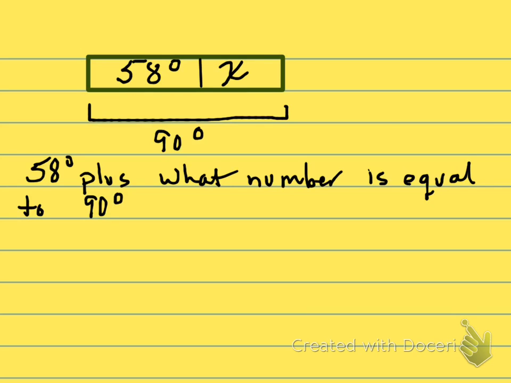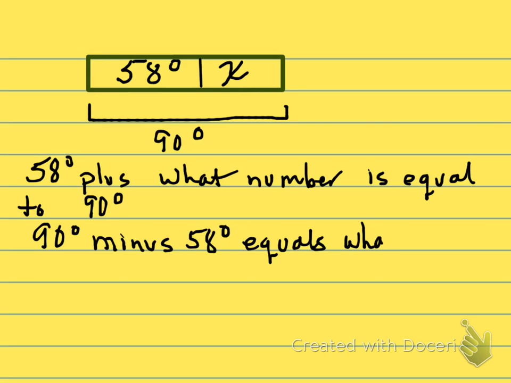Another way to consider it would be that 90 minus 58 is equal to what number? That's another way to think about my model. So let's go ahead and create an equation.